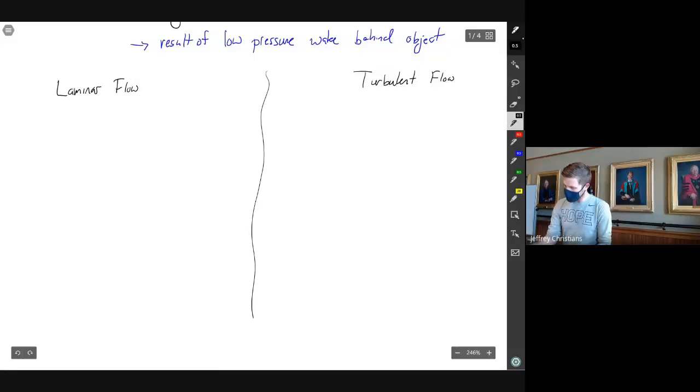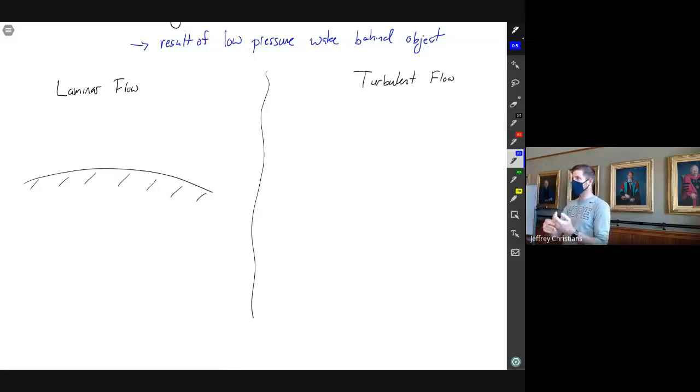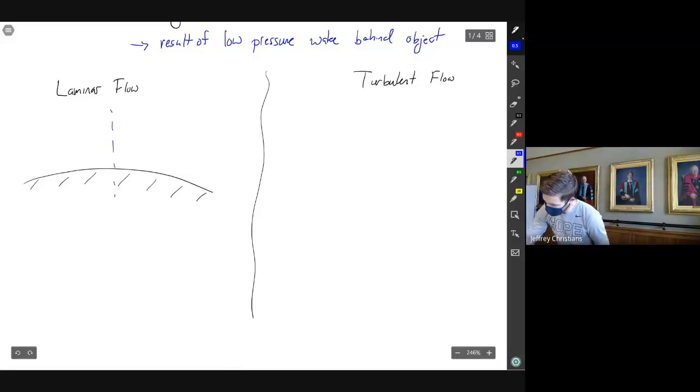So in laminar flow, if we look at the surface of an object, say a ball, at the point where, instead of the area converging, it starts to diverge. So at this pole, this is our lowest pressure.